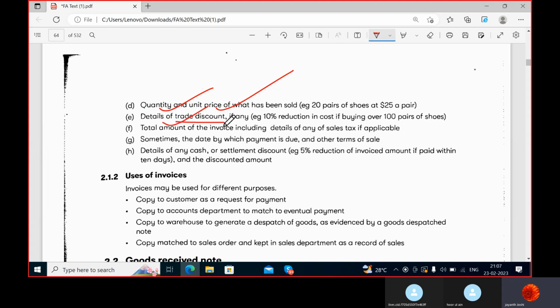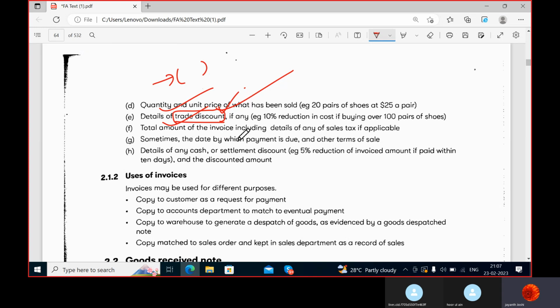See, trade discount. Trade discount is something which is deducted when you buy the goods from the supplier. Okay, there's no journal entry for trade discount. It is directly deducted. Cash discount has journal entries. I'll explain that one afterwards.